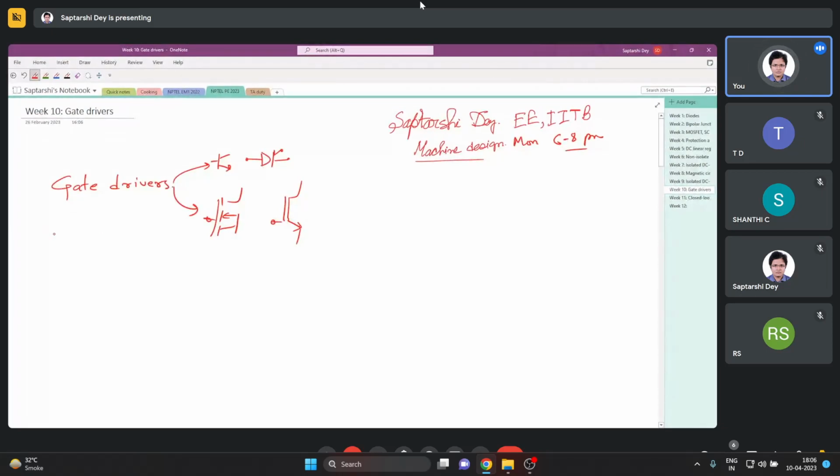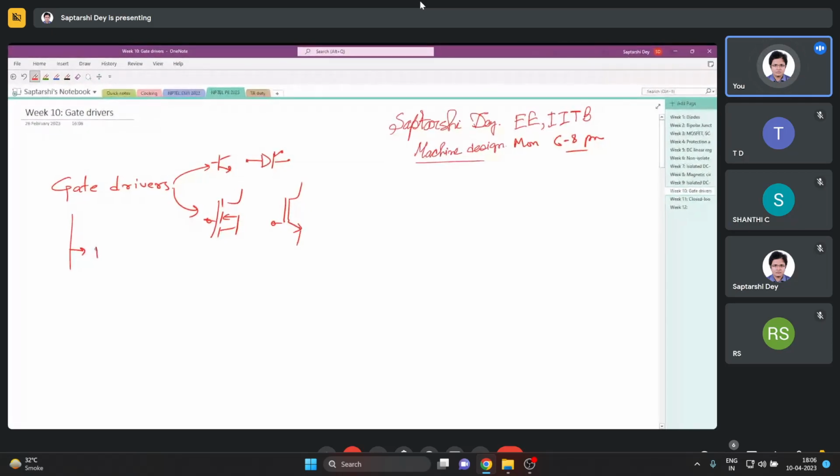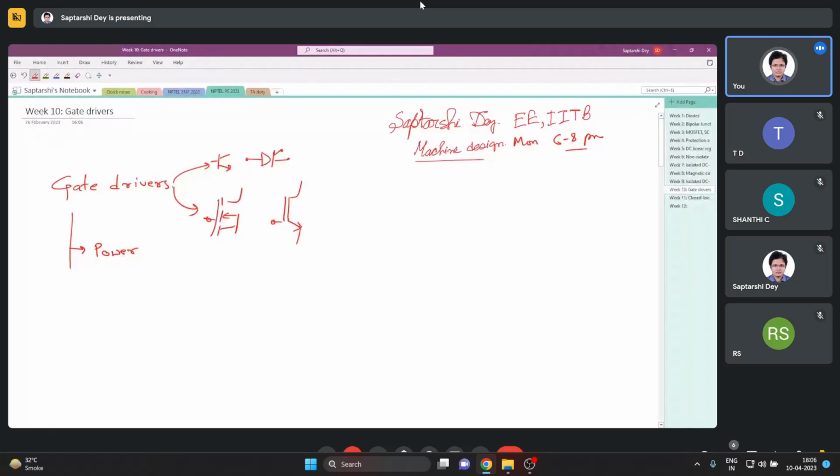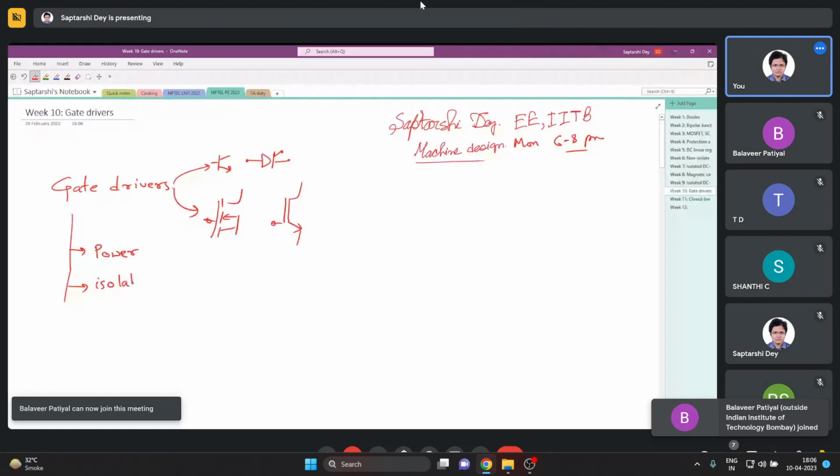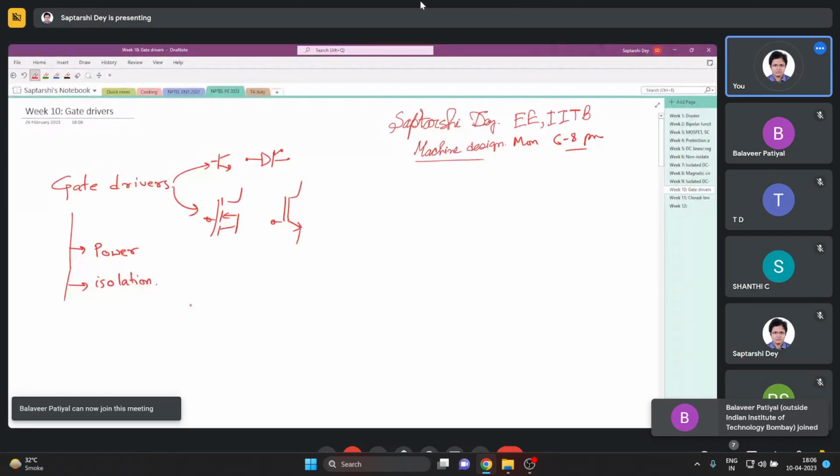Now, gate drivers have certain requirements. First of all, power. It should be able to supply the required gate power, whatever the switch requires for operation. Secondly, which may not always be necessary, but it's better to always provide it, is isolation.